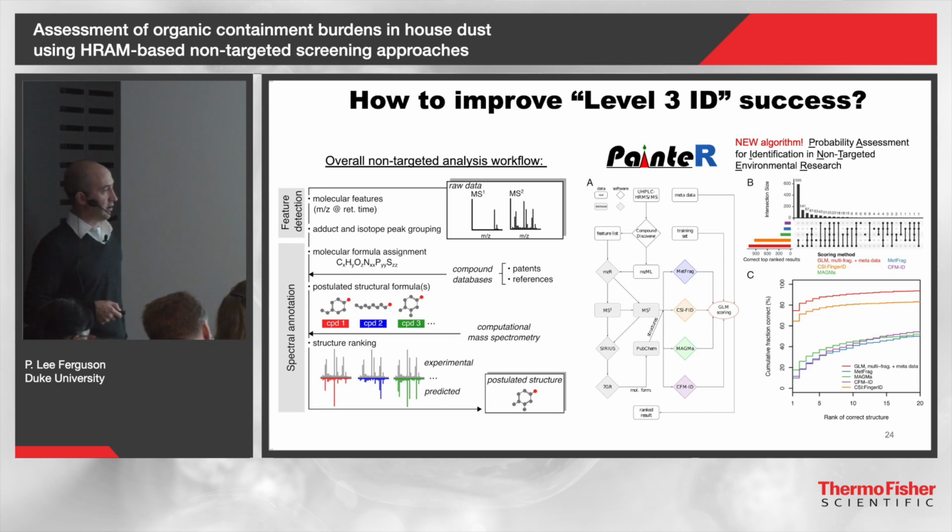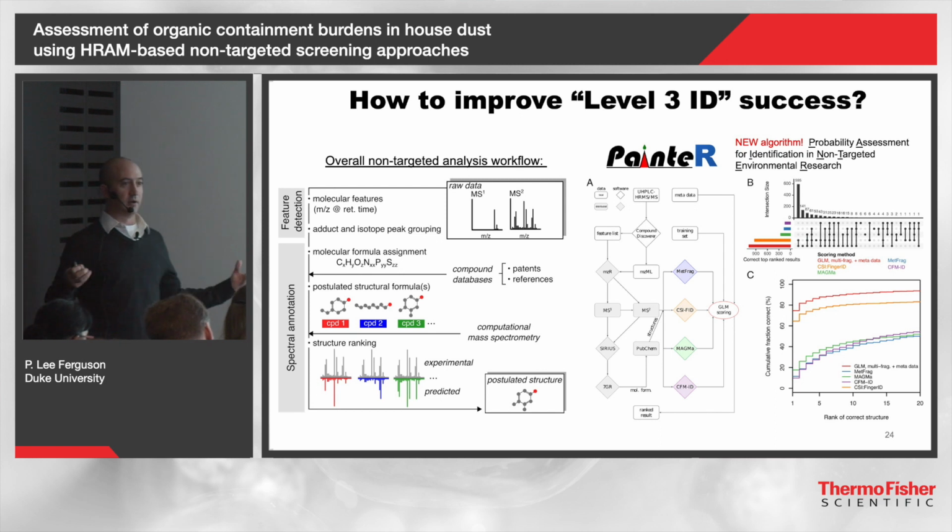What this shows is the rank of the correct structure, as a cumulative fraction, where the correct answer is at rank 1. We had almost 75% of our test compounds, after the training of this model, give us a correct first rank of 1. And we compared that to all of the individual fragmenters alone.